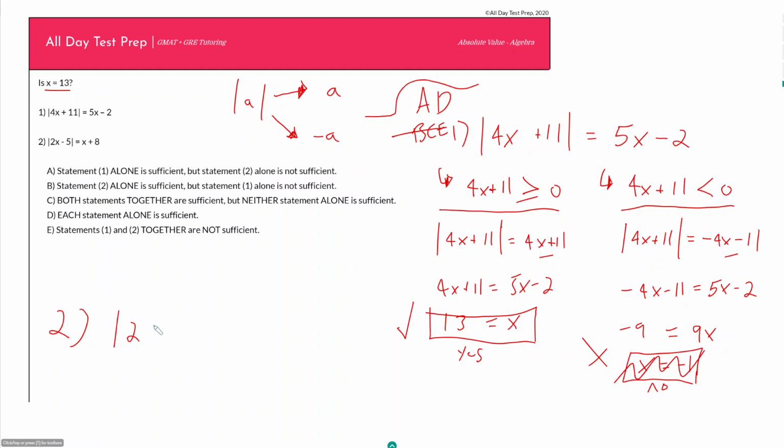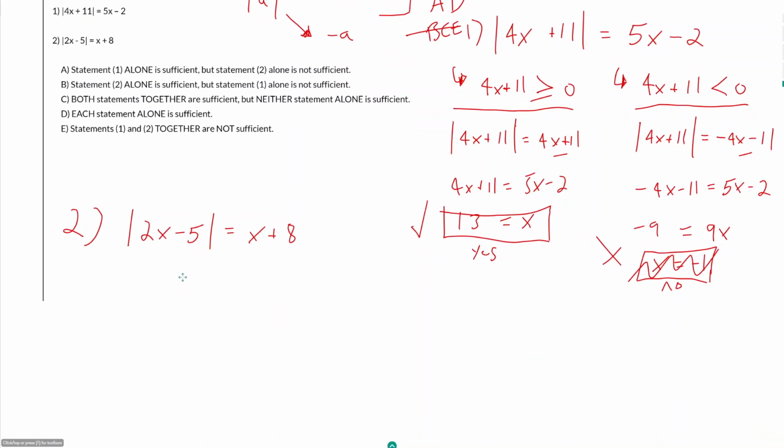So this says absolute value of 2x minus 5 is equal to x plus 8. The same thing. We want to get rid of our absolute value sign. There are only 2 possibilities. What absolute value of 2x minus 5 could be equal to? 2x minus 5 is greater than or equal to 0.